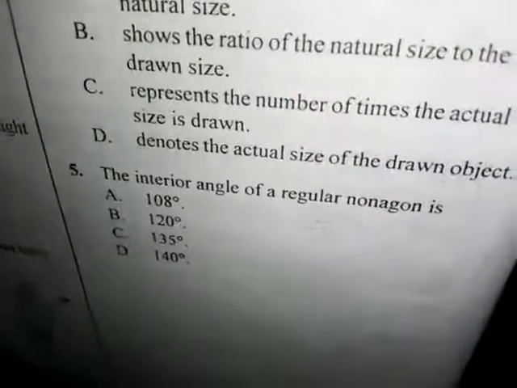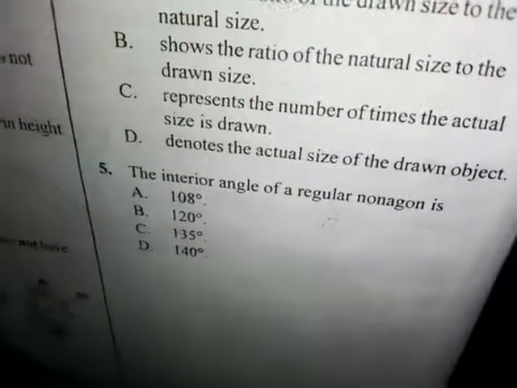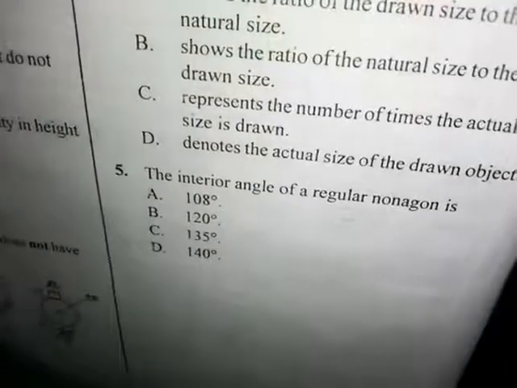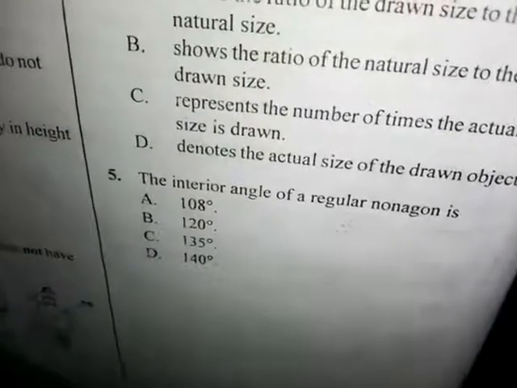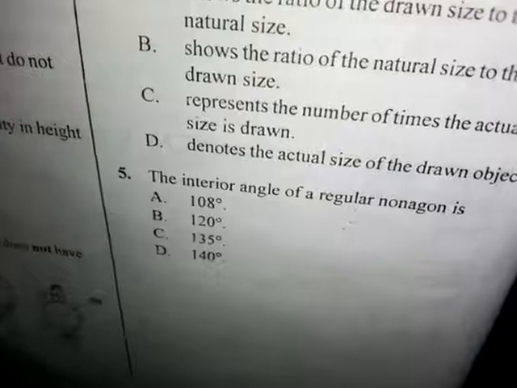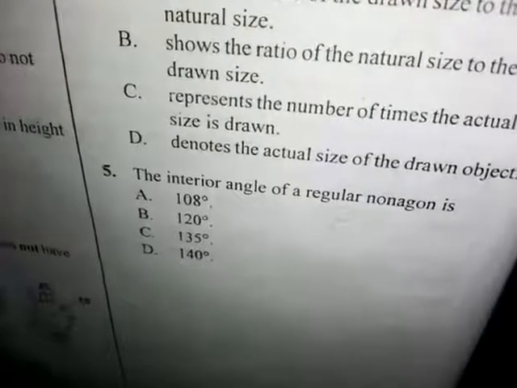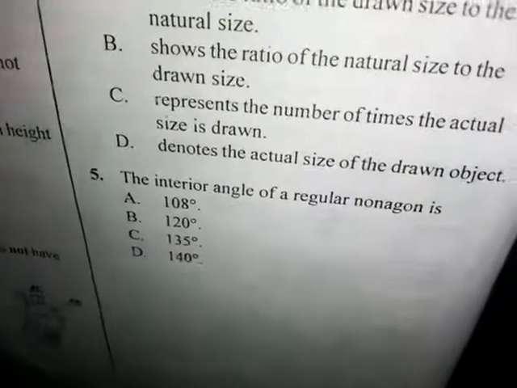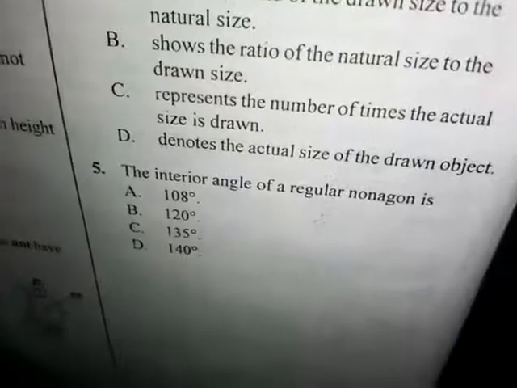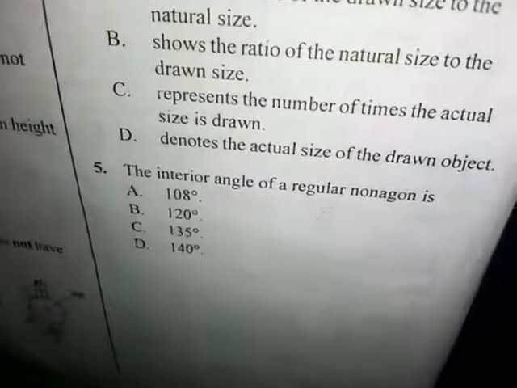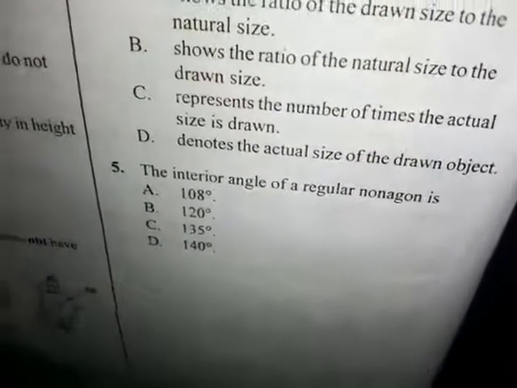The sum of interior angles of a nonagon, a 9-sided polygon, is 1260 degrees. If you divide that 1260 degrees by 9, it will give you 140. So that is the answer to that. Option D is the correct answer.